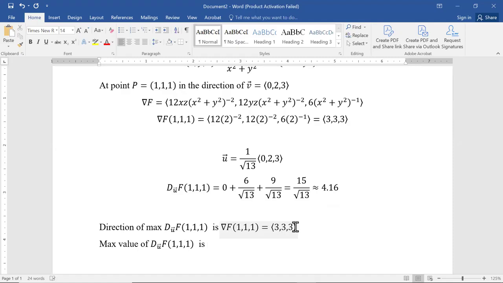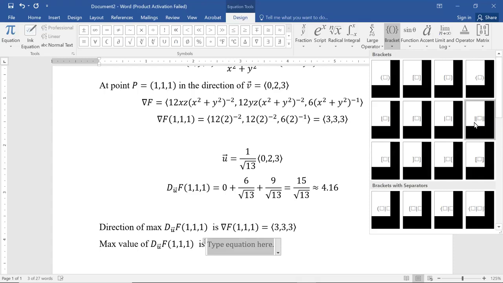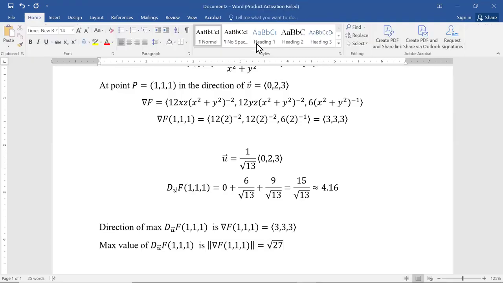That's 9 plus 9 plus 9 underneath the square root. So we're taking the magnitude of my gradient at the point, and that is going to be the square root of 27.